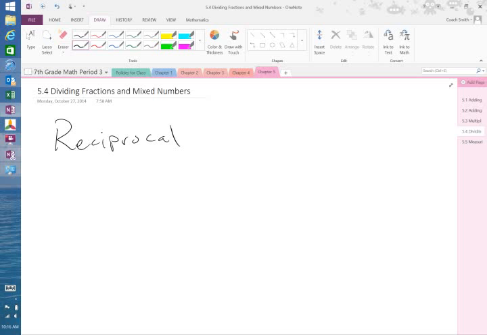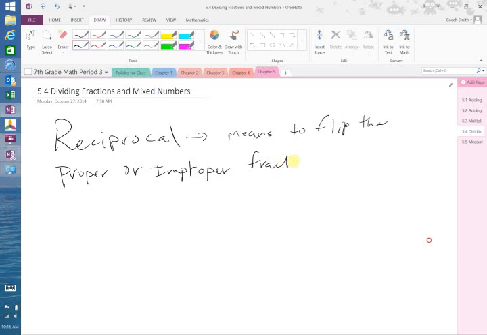Okay, now, the reciprocal means to flip. It means to flip the proper or improper fraction.